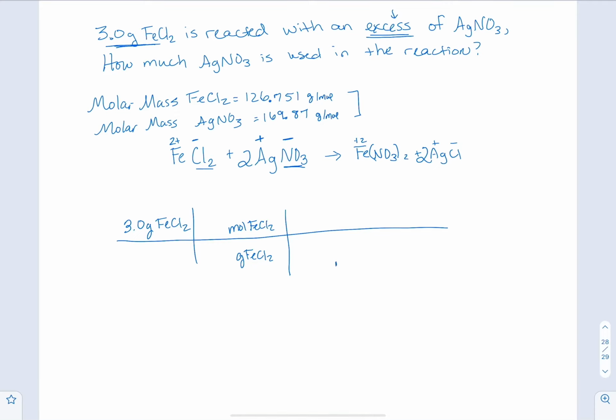And then if we're trying to find out how much AgNO3 was used, we have to move from talking about this FeCl2 to talking about the Ag. So moles of AgNO3. And this should actually specify, but it should have said in grams. I'm sure it did on your problem.